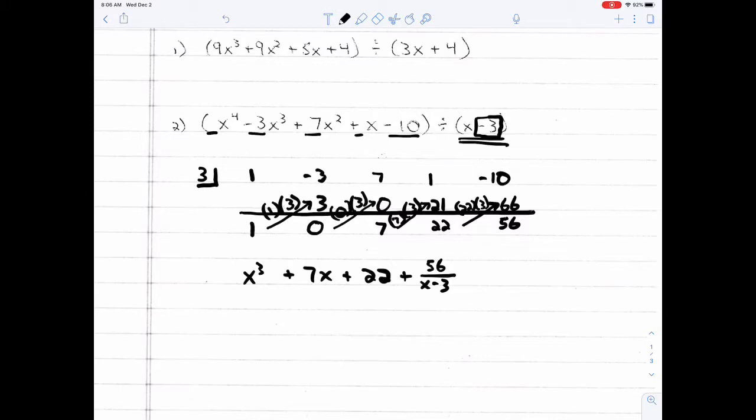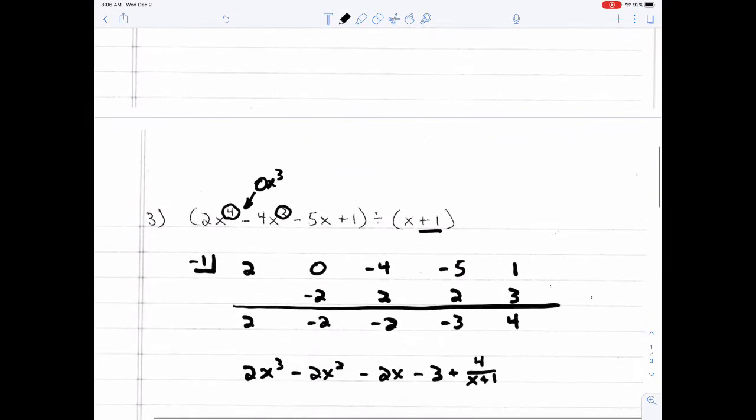Is x minus 3 a factor of x to the fourth minus 3x cubed plus 7x squared plus x minus 10? In other words, if I factored the dividend, would x minus 3 be one of the factors? No, it's not. How do I know that? Because the remainder isn't 0. If the remainder had been 0, then I would know x minus 3 is a factor of the dividend, but it's not.